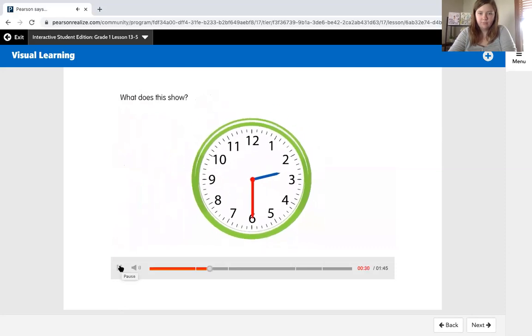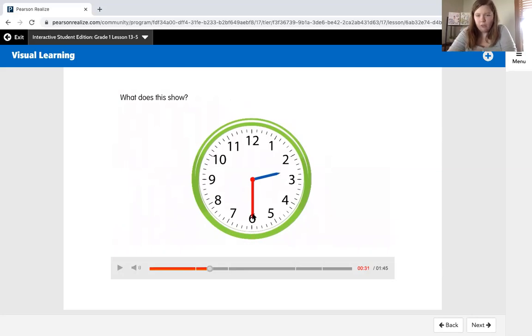What does this show? So we are going to look and make some observations about this clock before we move on. I see our short hour hand is not quite on the 2, and it's not quite on the 3. And usually when we were looking at our clock yesterday, it would be right on a number.